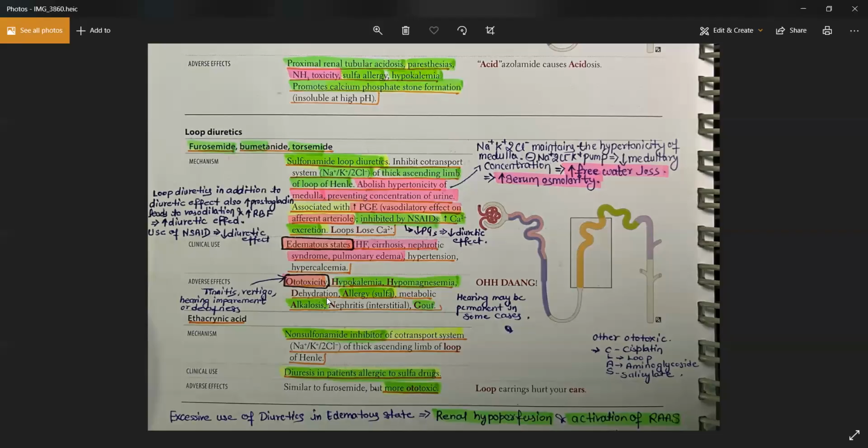Why potassium, I'm not getting. Alkalosis or acidosis can cause hypokalemia or hyperkalemia, not the opposite. Lose H+ with potassium, so they have alkalosis.